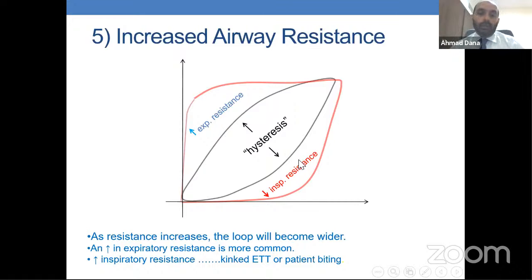This one happens sometimes when there is a kinking in the ET tube, or in the adult patient, if the patient is biting the tube. Okay? So there will be an increase in the inspiratory and expiratory levels.